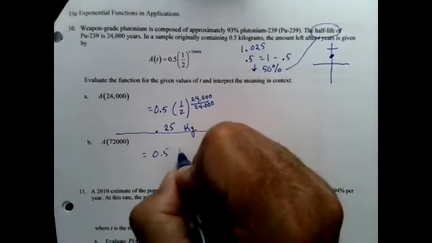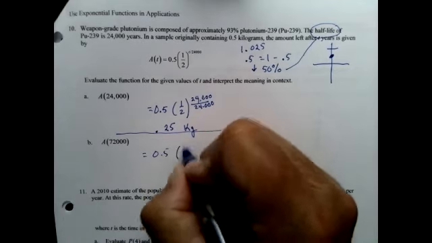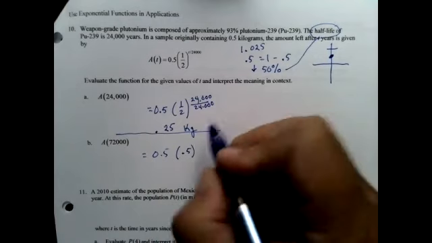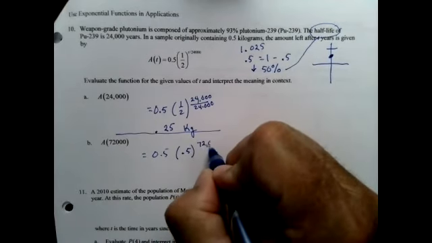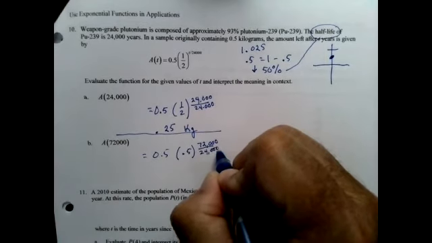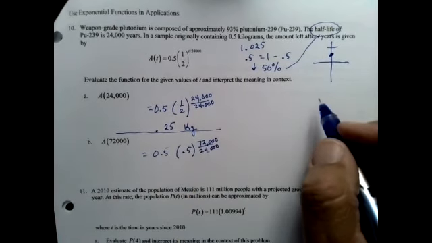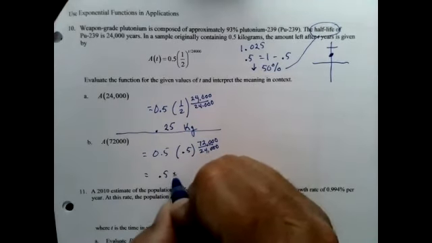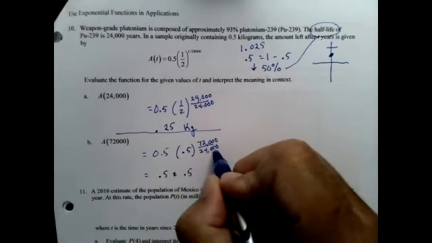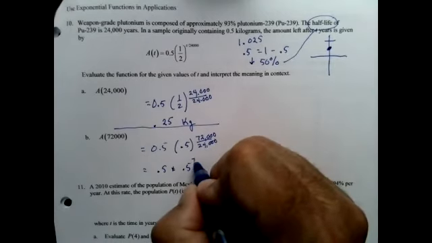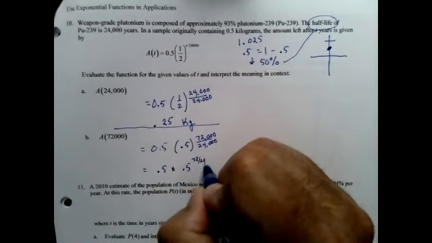Well, that's going to be 0.5 times 0.5 raised to the 72,000 over 24,000 power. I can drop all those zeros. I can say this is 72 over 24.